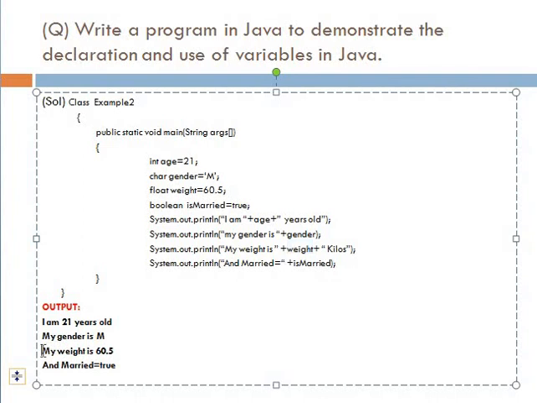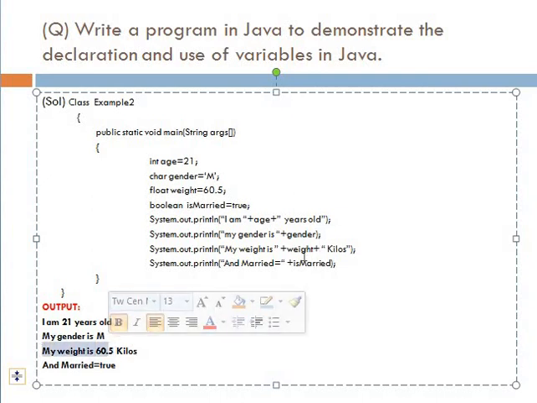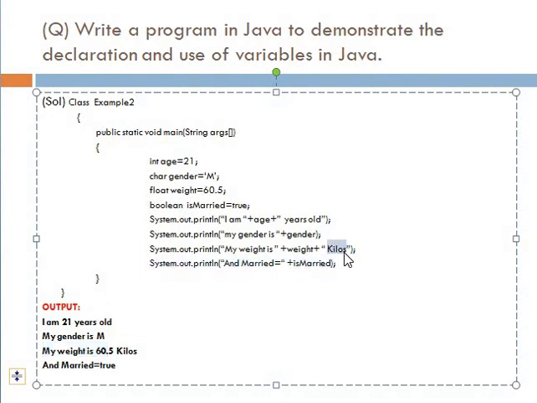That shows my weight is 60.5. Now just after displaying this part, I am adding to it the text called kilos, and since this is within double quotes, it's going to be displayed exactly as it is here. So the message getting displayed in the output is my weight is 60.5 kilos.